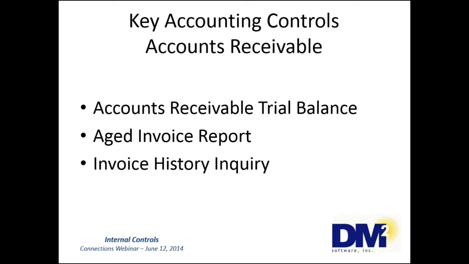Running this report for open invoices should balance to the General Ledger. Invoice History Inquiry can be used to view detailed or summary invoice information, including invoice header and General Ledger distribution detail. You can view the complete journal posted to General Ledger.